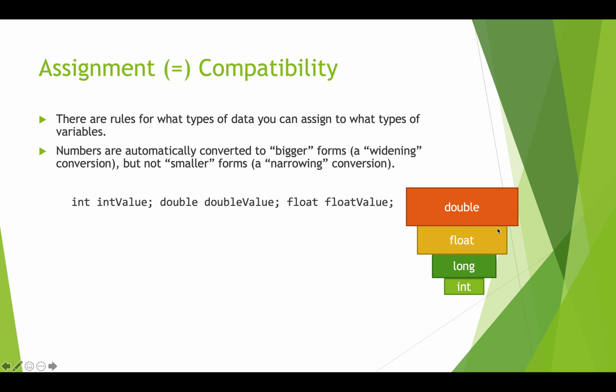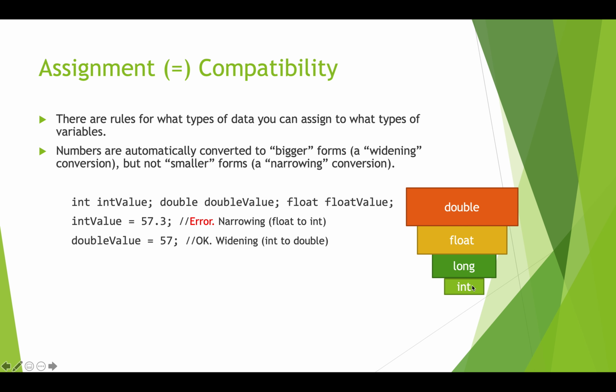So let's look at an example. Say we have an int called int value, a double called double value, and a float called float value. And we take int value and try to assign the literal 57.3, which is a float, to it. This will give an error. It won't work because we're trying to fit this into this small thing.